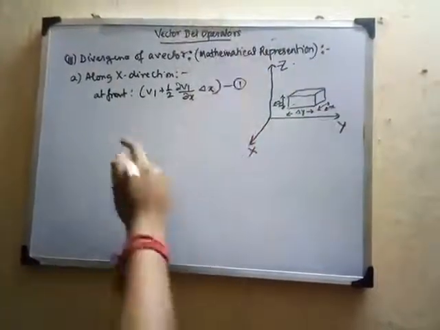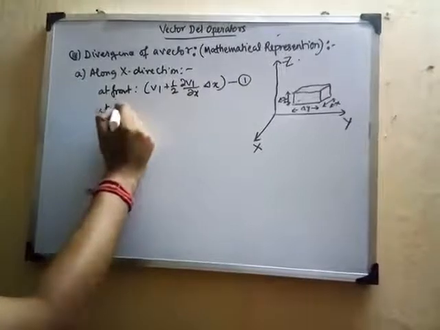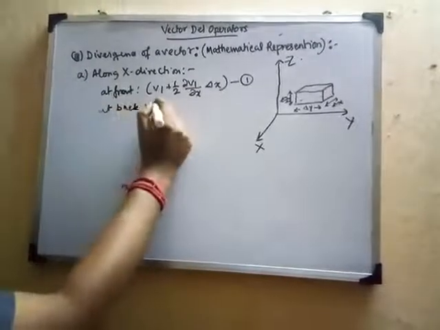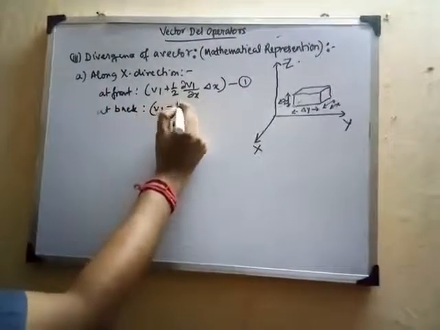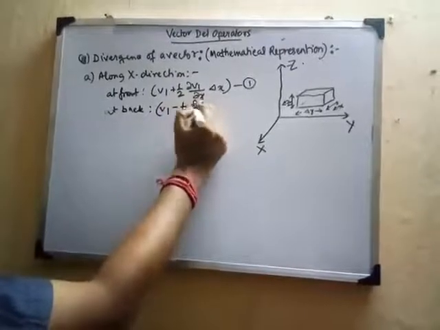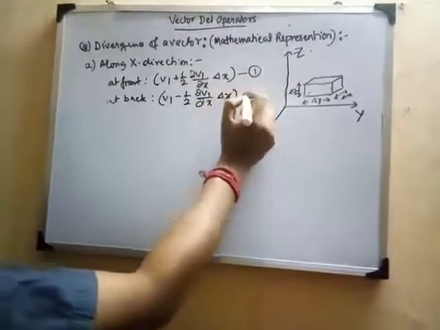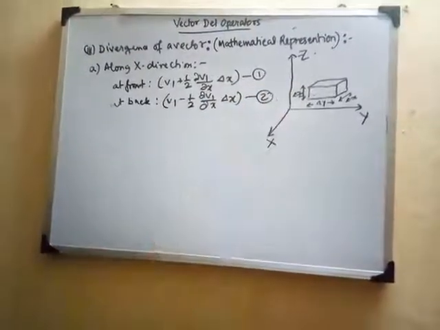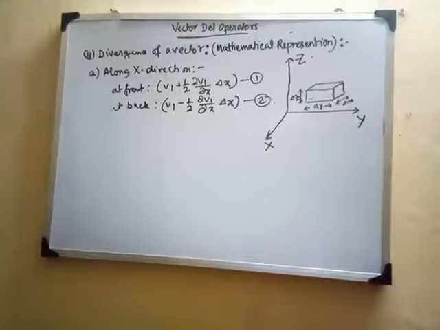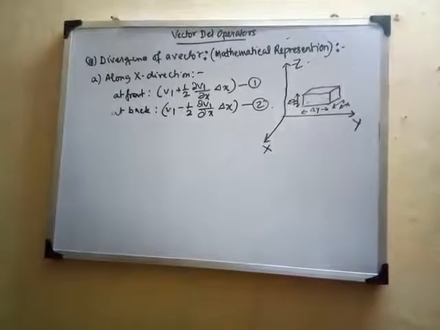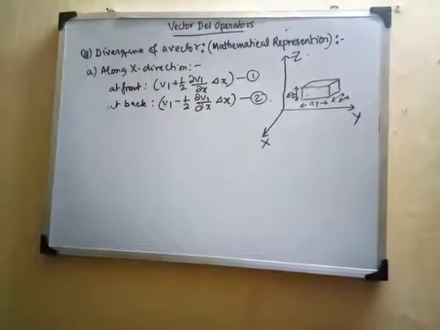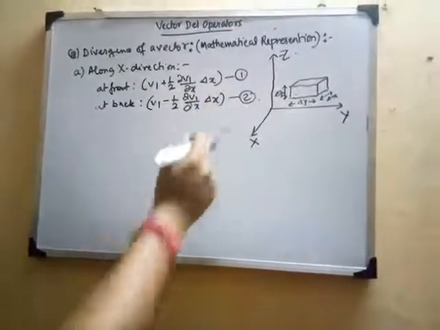Similarly at the back side, everything is the same, only the sign is minus: v1 minus half of del v1 del x del x. Along the x direction we have these two, at front expression 1, and at back expression 2.